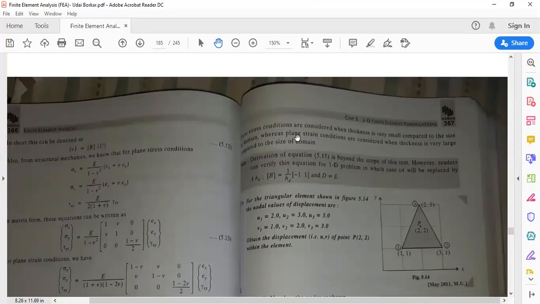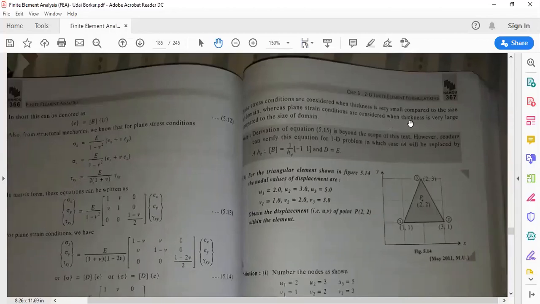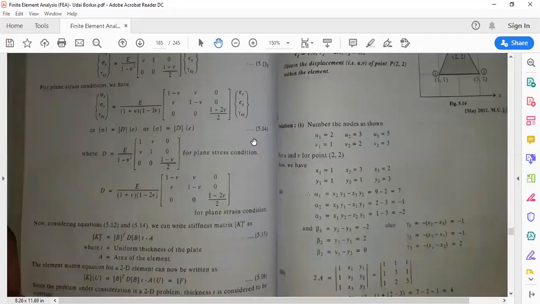Whereas the plane strain condition you have to consider when the thickness is large compared to the size of the domain. Like a wooden block, where the thickness is very big and the size is small, then in that type of case you consider the plane strain condition. Depending upon the mechanical component, you have to consider the condition.